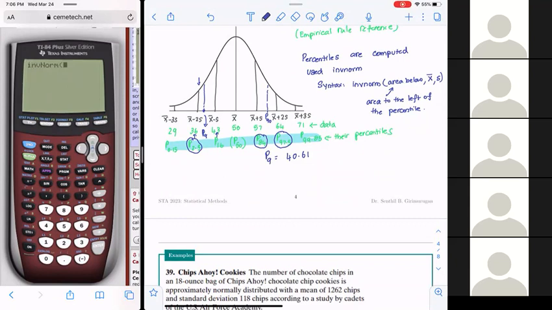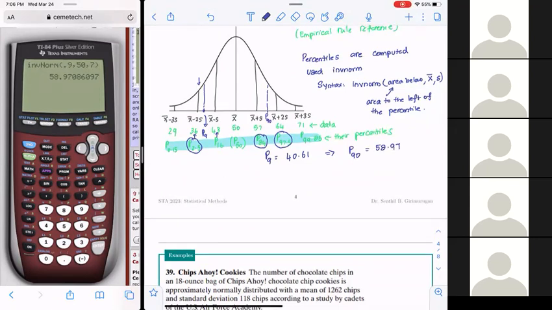So the area below P90 is 90%, so 0.9. The mean is 50. Standard deviation is 7. We get 58.97. Looks like I'm having a bad day. P90 would simply be 58.97.